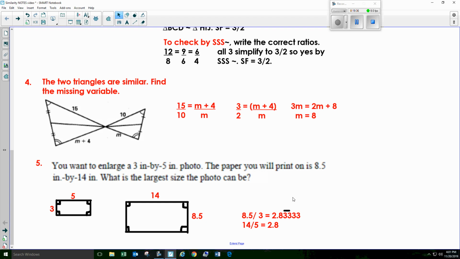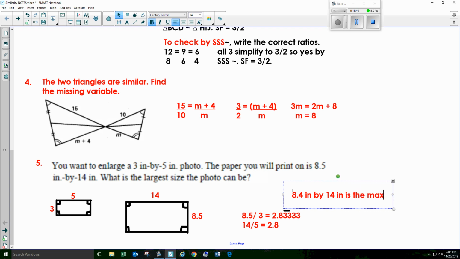So 8.4 inches by 14 inches is the max. I multiplied both of these by the 2.8, the smaller of the two, and it gives me 14 inches and 8.4 inches. And so that will fit on this 8.5 by 14.